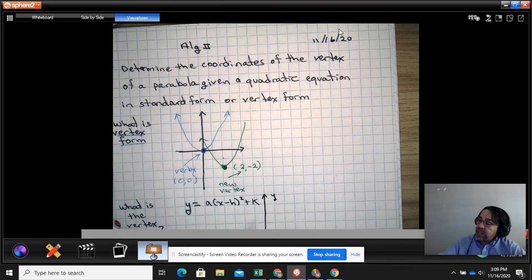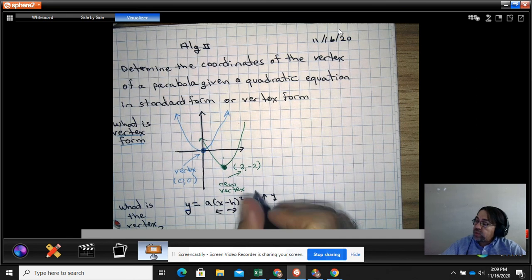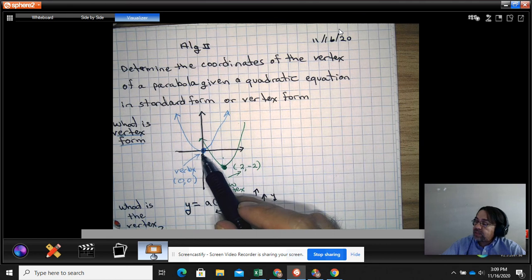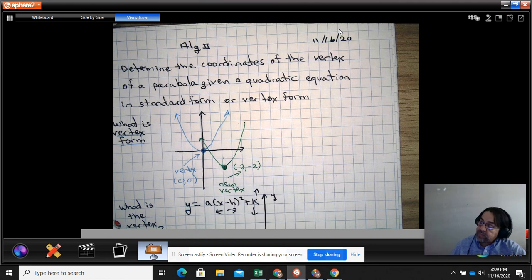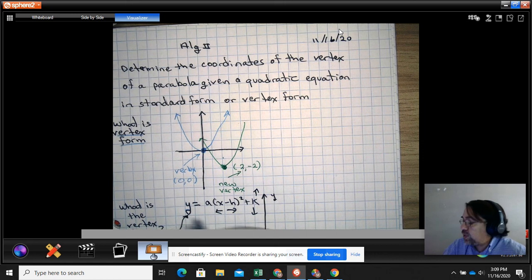We had said that this is your left and right movements, and this was your up and down movement of the parent function. It just happens to be the vertex form. We just never called it that.